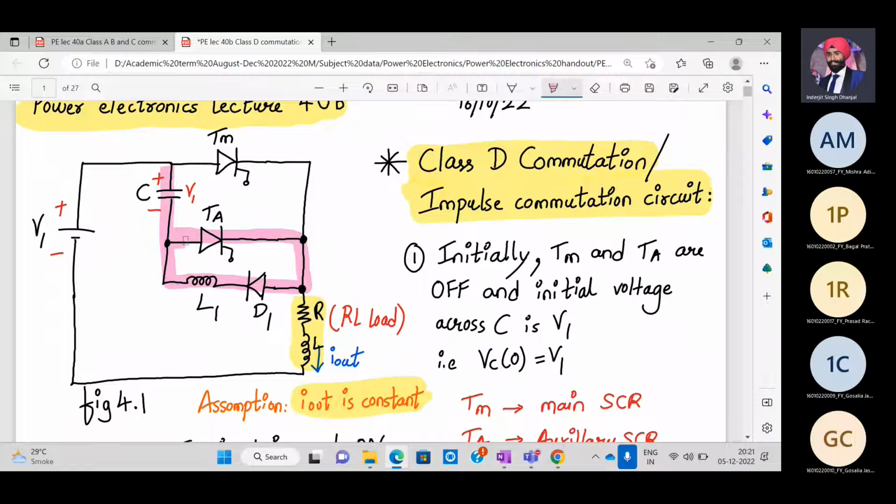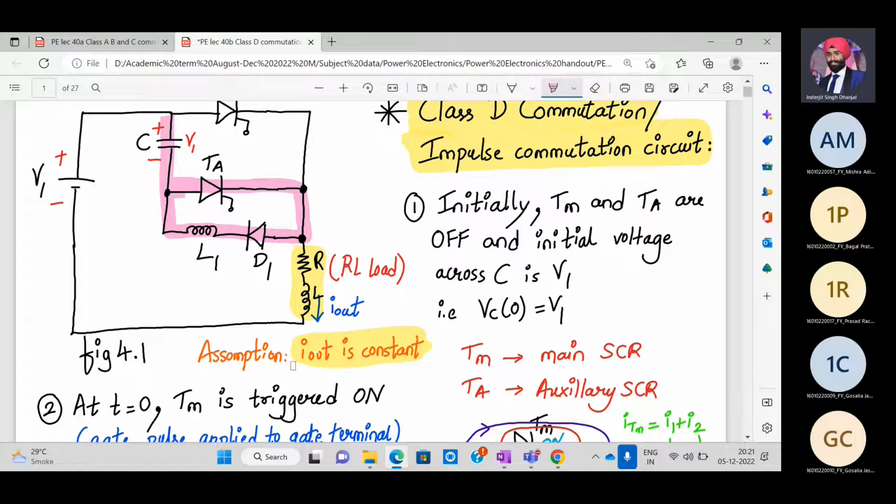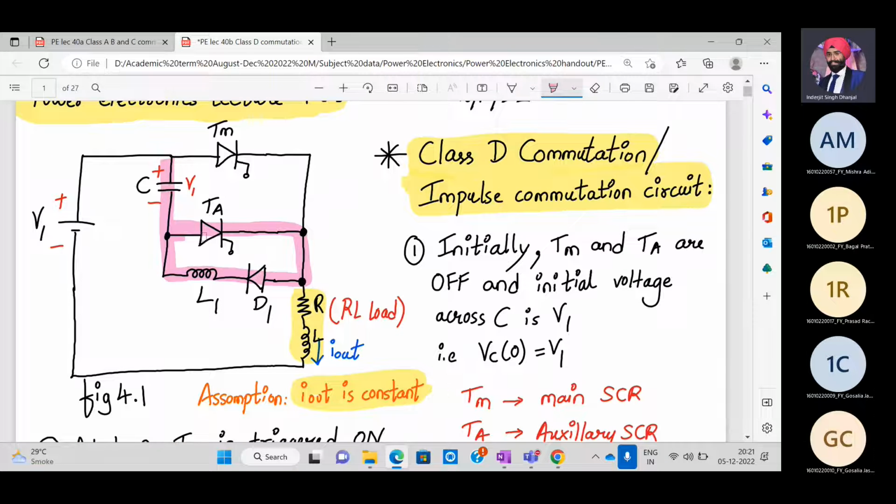This entire thing is my auxiliary circuit. So the main circuit is V1, TM, RL load. We are considering RL load because we can have a continuous or almost constant current if the values of L and R are adjusted that way. We also assume that the load current I out is constant. So this marked portion, C, TA the auxiliary SCR, L1, D1, are all helping the main SCR to turn off. So can we begin with the analysis?